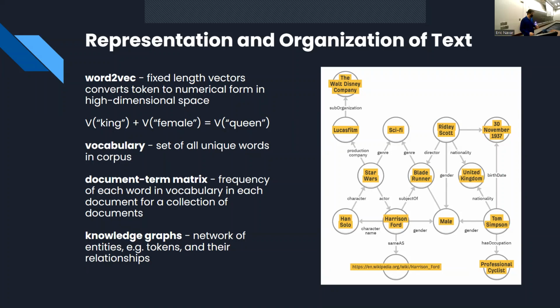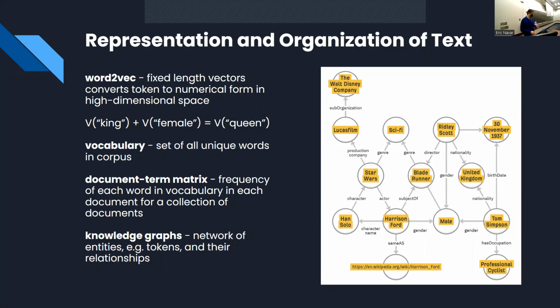With that, we can go into a more advanced way of organizing the vocabulary by finding the frequencies, or the counts, of the unique words in each document. This is what's called a document term matrix, which is a giant rectangular matrix with the rows aligned with individual documents, so the individual texts you're working with.